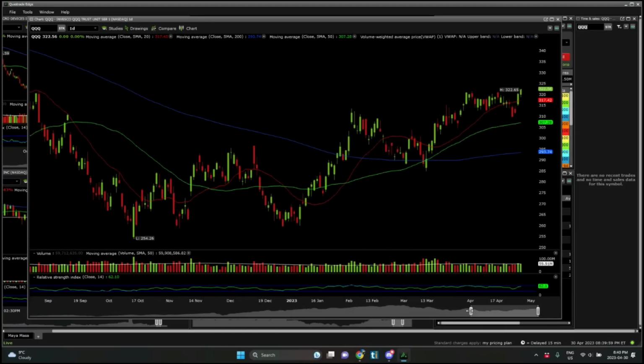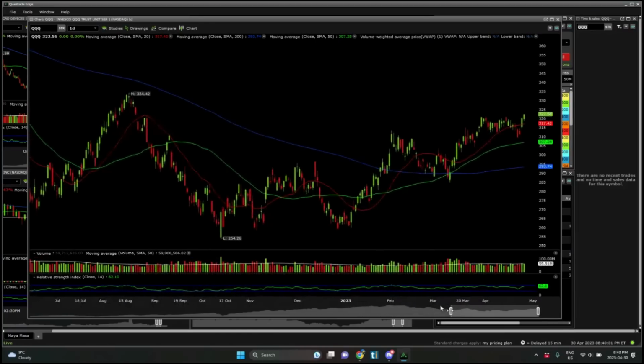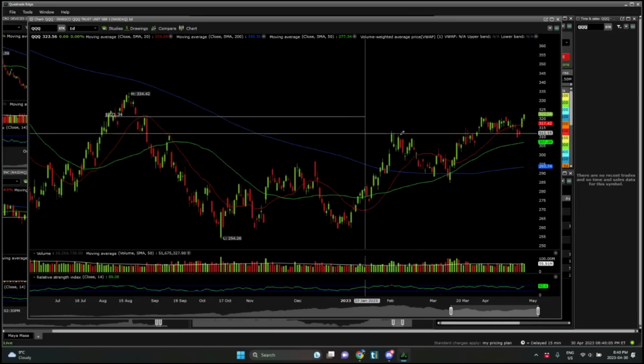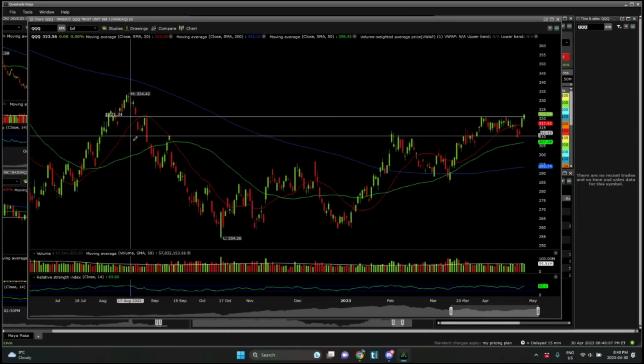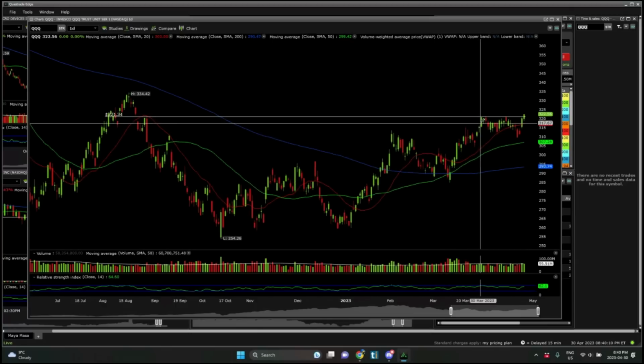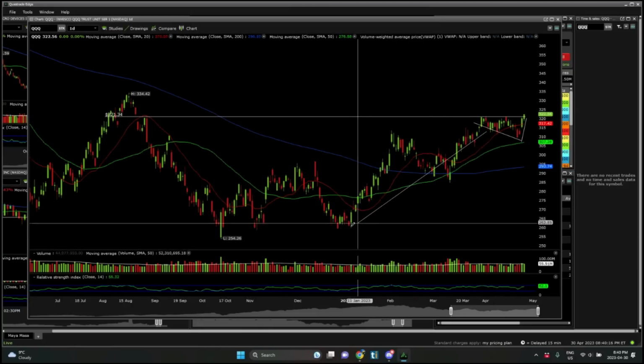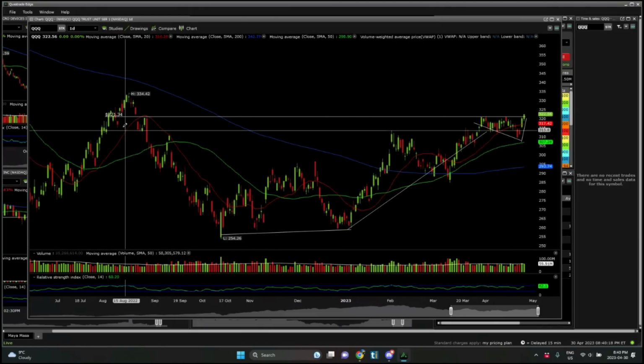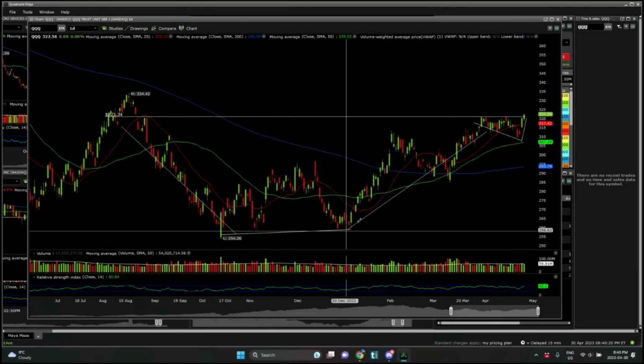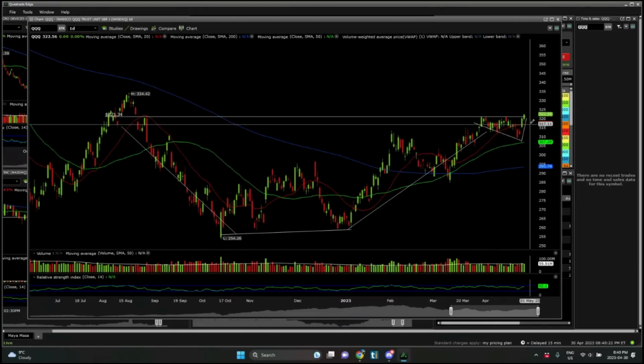Here's the triple Qs, okay? The triple Qs, in my opinion, has made a huge cup, and in a sense has created the handle, I would say. Right? If we have to draw the cup and handle, it has created it. So this is the only chart.